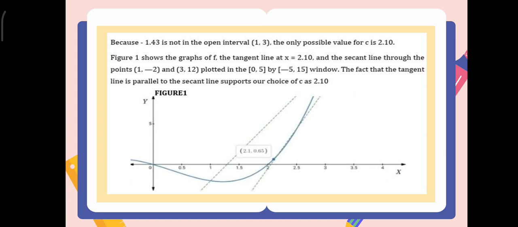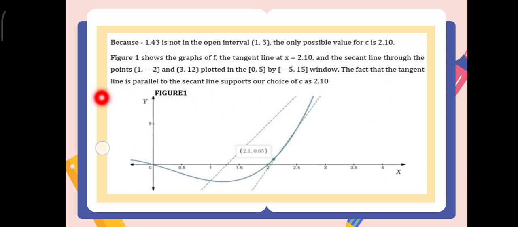So the figure below, which is right here, shows the graph of f, the tangent at x equal to the value of c, which is right there, and the secant line through the points 1, negative 2 and 3, 12, plotted in the interval 0 to 4 by 0 to 5.